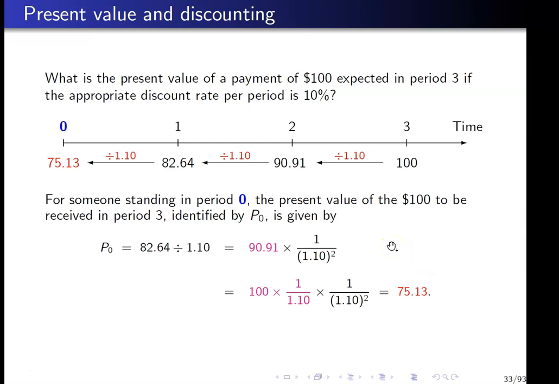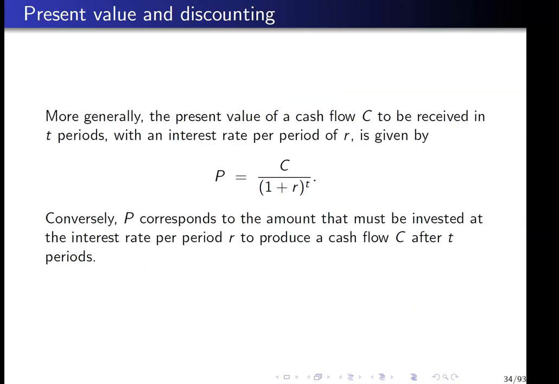So what is the present value at time 0 of $100 to be received at time 3 when the discount rate is 10%? The present value of $100 is equal to 100 divided by (1 plus 10%) to the power 3, which is 75.13.